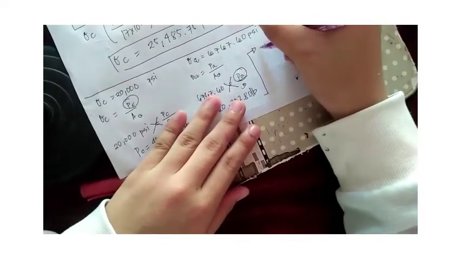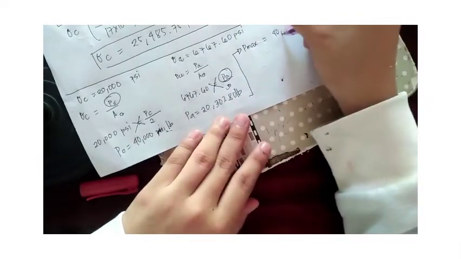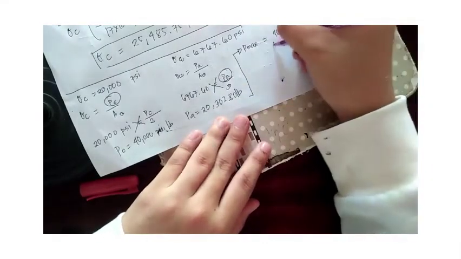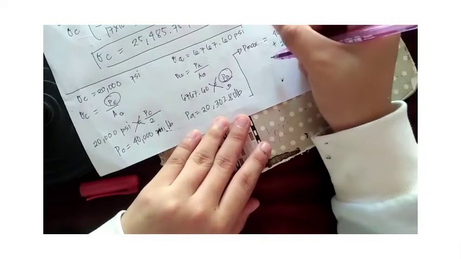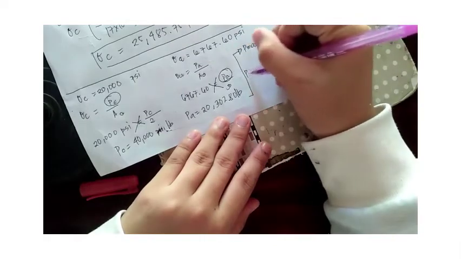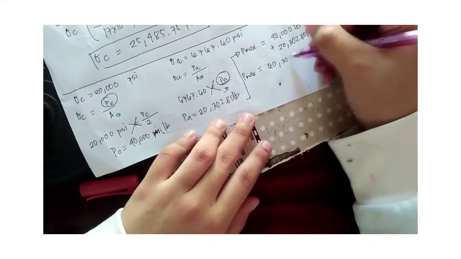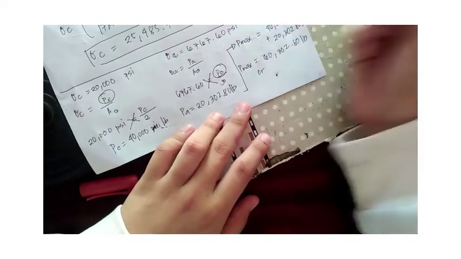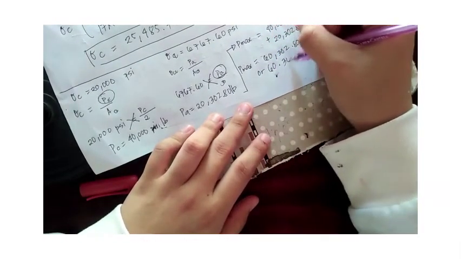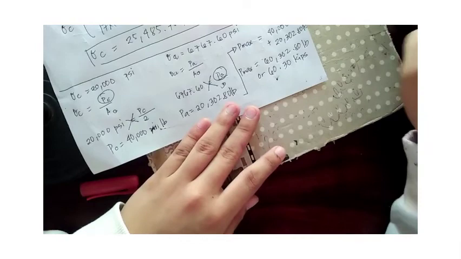So, Pmax, or maximum load of P, is equals to, addition lang natin, 40,000 pounds plus 20,302.80 pounds, Pmax is equals to 60,302.80 pounds or 60.30 kips, because 1 kip equals to 1,000 pounds.